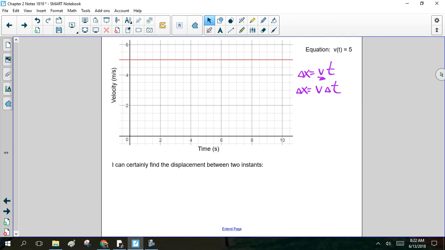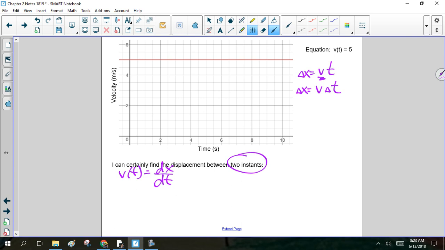All right, so here we go. We know that velocity as a function of time is the derivative of position with respect to time. So let's pick two instants: between t equals 2 and t equals 7 seconds.